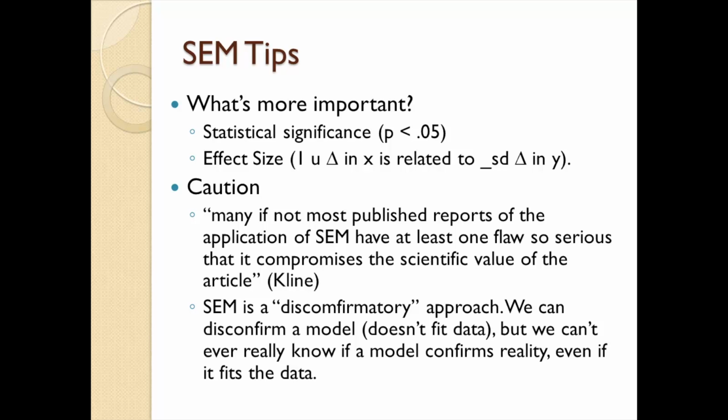You might say, well, it's important to have something meaningful, right? Yes, I agree with that. At the same time, it's very difficult to publish papers that have no statistical significance. So that might be a necessary but not sufficient rule for what we're looking for.